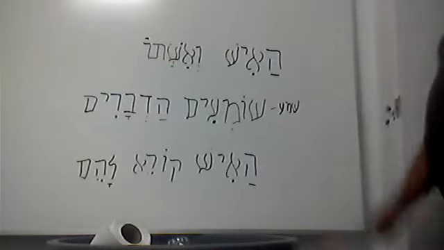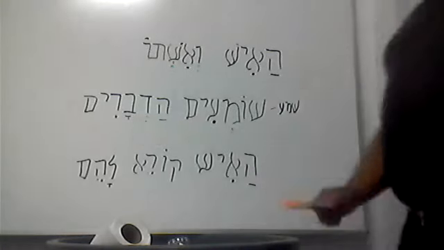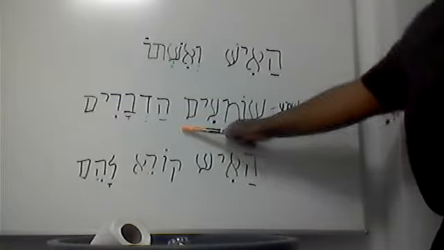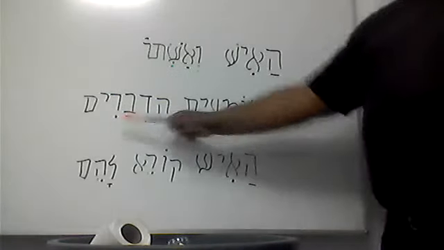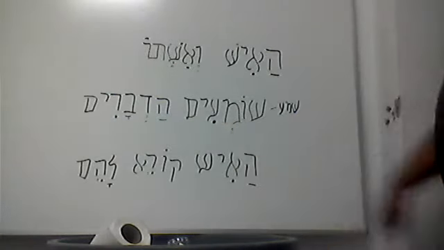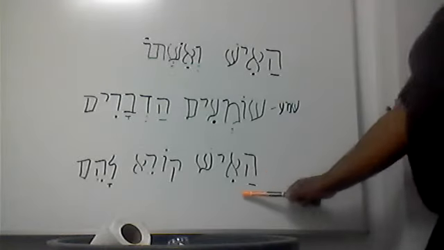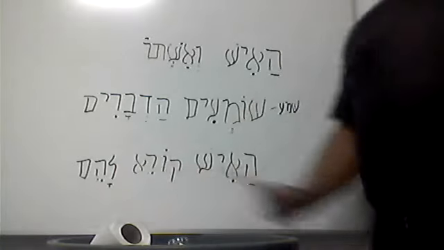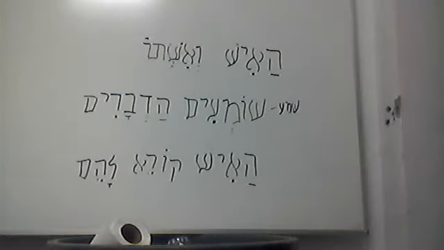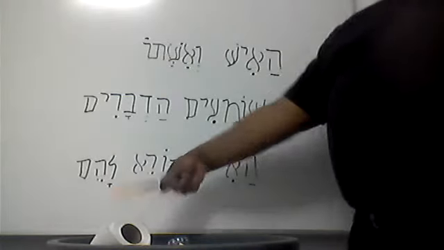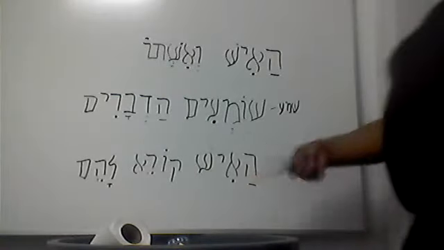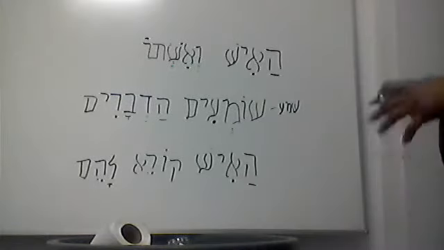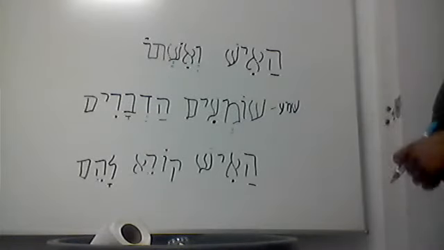Ha'ish ve'ishto shom'im hadbarim, hearing the words. Ha'ish kore, the man is reading lahem, to them. La means to or for. Hem means they, but lahem means to them, literally. I just want that to be noted for edification purposes.